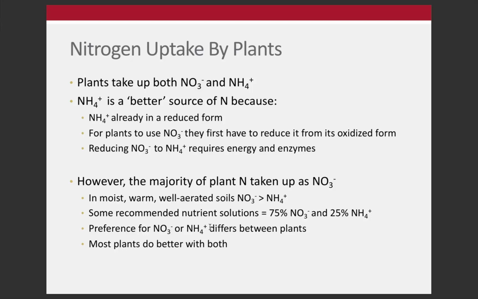So if a plant wants to take in nitrogen and use it, it's basically got to convert it to this reduced form in order to incorporate it into things and manufacture proteins, amino acids, stuff like that. So reducing from nitrate to ammonium requires energy and enzymes. This is why we would think that plants would preferentially take up ammonium all the time over nitrate, because enzymatically it's advantageous.